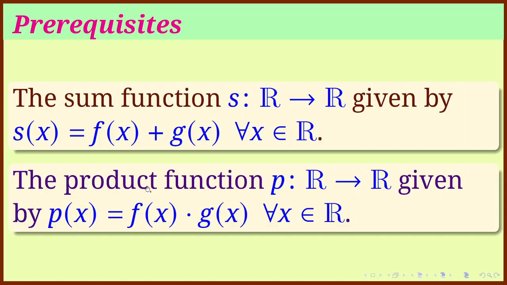And another one is the product function p, which is given by p(x) equals f(x) multiplied with g(x) for all x in R. So, this is called the product function, and if f and g are continuous, p is also continuous.